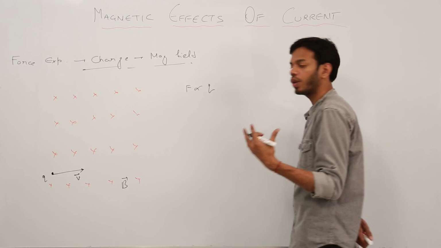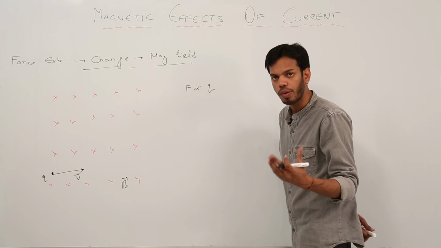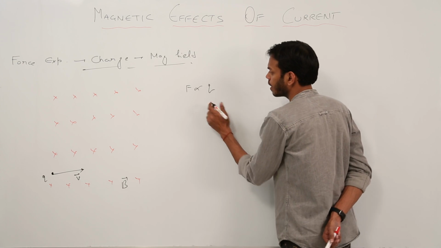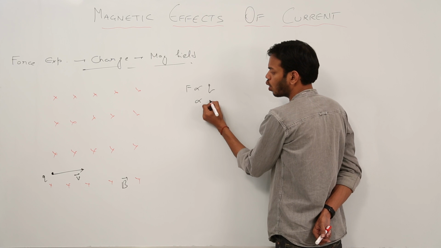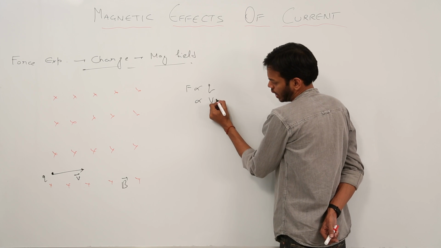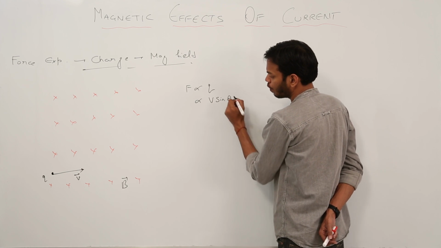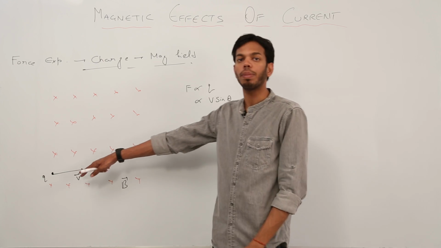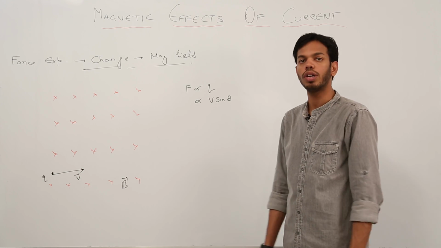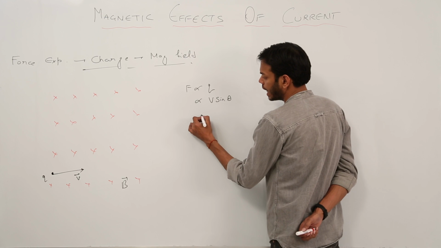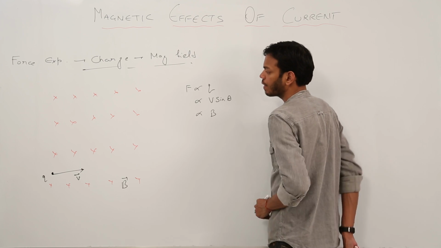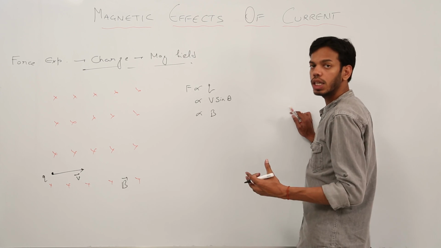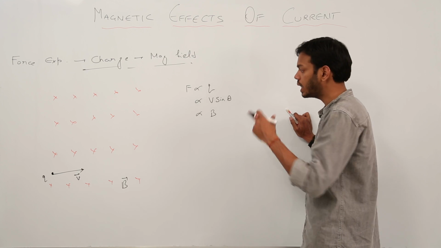The more the charge, the bigger the force experienced by it. It is also proportional to the normal component of velocity. This velocity vector will have two components, along the field and perpendicular to the field, the normal component. And lastly, the magnetic field. The more the magnetic field, obviously the more the force experienced by the charge.